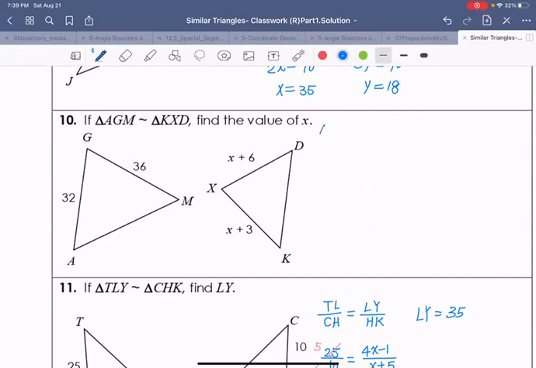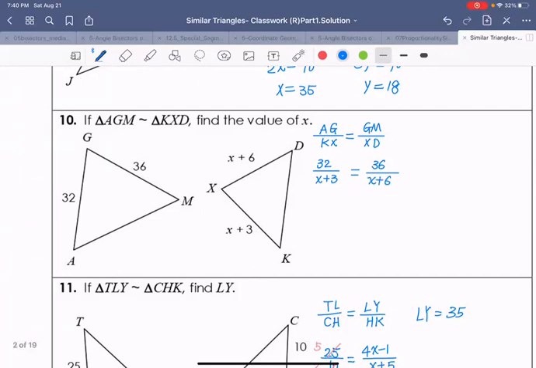AG over KX equals GM over XD equals, you already finished this, so we don't need to list everything. 32 over x plus 3 equals 36 over x plus 6.